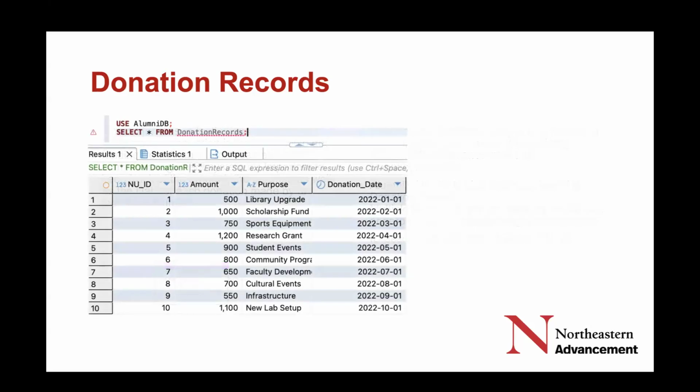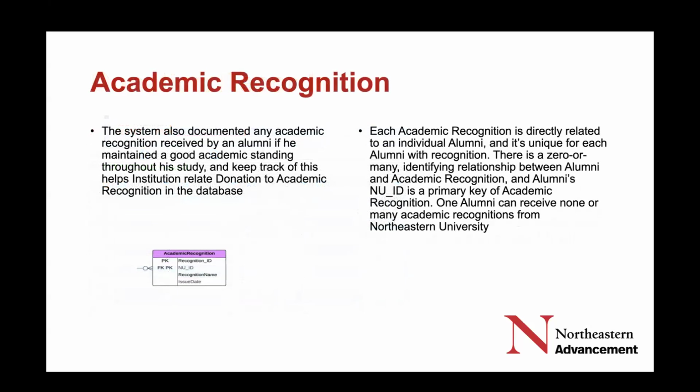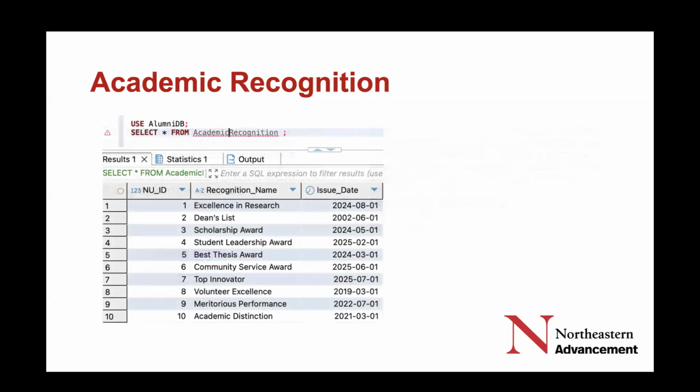Here is the data we have inserted into our database. And next is academic recognition, for which we also created a composite primary key, which is recognition ID and alumni ID. And next is the data we inserted into our database.